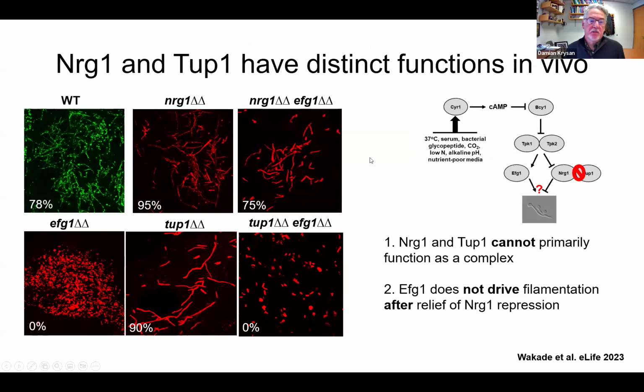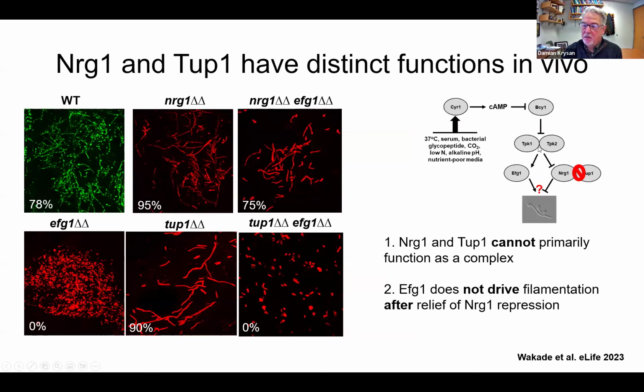And so one of the ways we next looked at NRG1 and TUP1 themselves was to ask if they had similar functions in vivo. As we've shown, the NRG1 and TUP1 mutants form increased levels of filaments, consistent with their in vitro data.